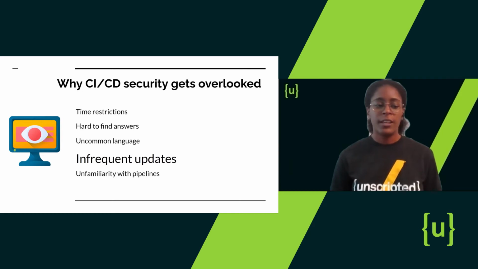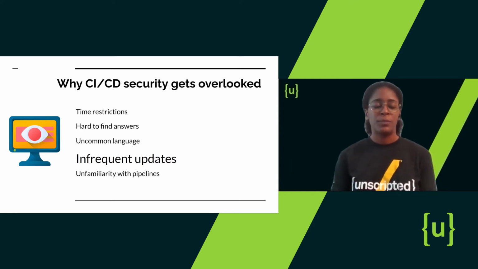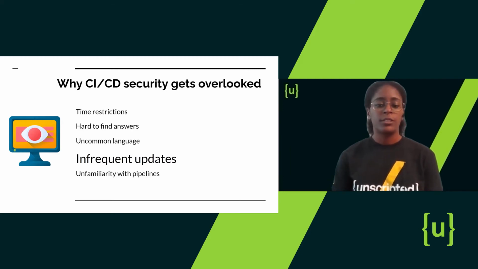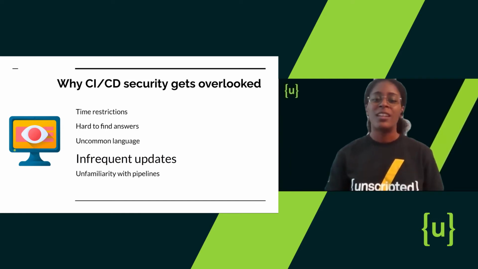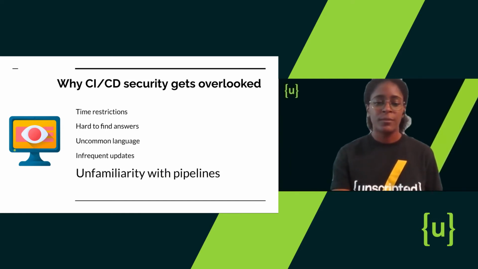And again, it's not like you're going to go in and update this pipeline every day. It's something that's usually a set it and forget it type thing, especially for developers. So when you aren't looking at something all the time, it's just something that doesn't get put on your normal radar. So when security things come up, you might add things to the code, but not necessarily to the pipeline.